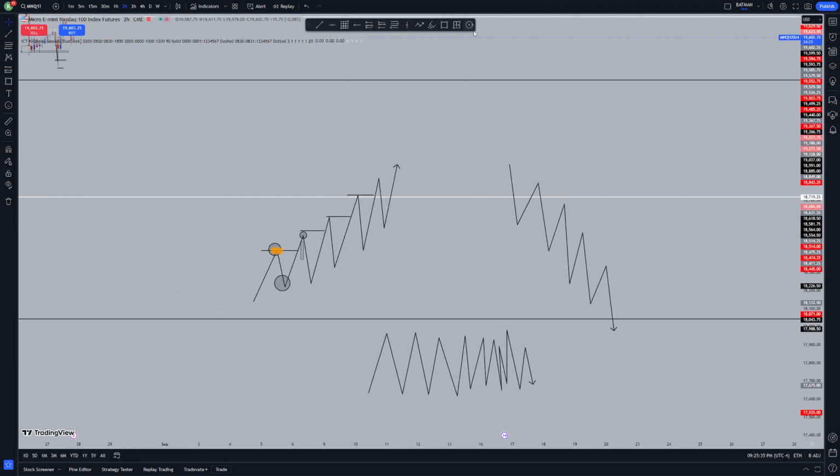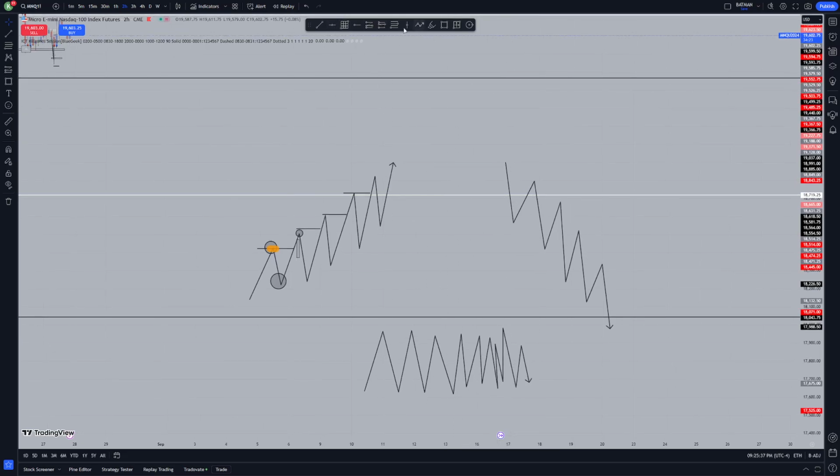Okay? Same thing for bearish momentum or bearish sentiment. It keeps breaking lows: a lower high, then a lower low. It keeps breaking a lower low, and it keeps that momentum to the downside.